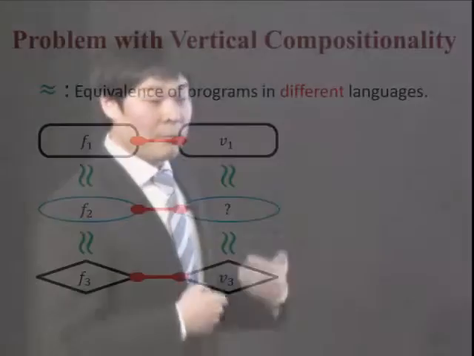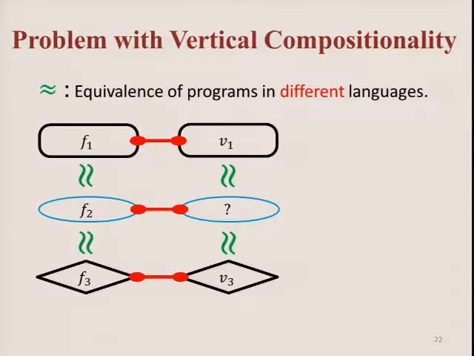And in order to use this definition, we have to synthesize some program V2 in the intermediate language, such that it is equivalent to V1 and V3. Is that clear?